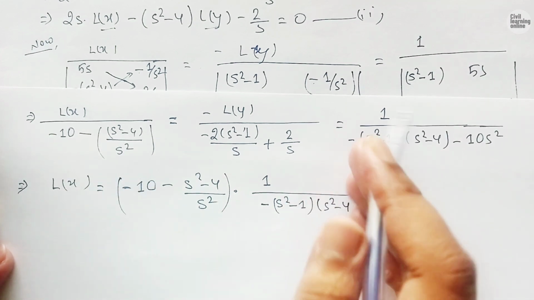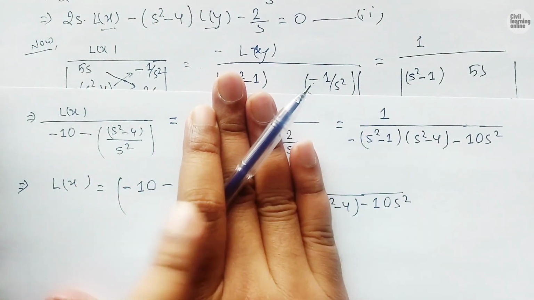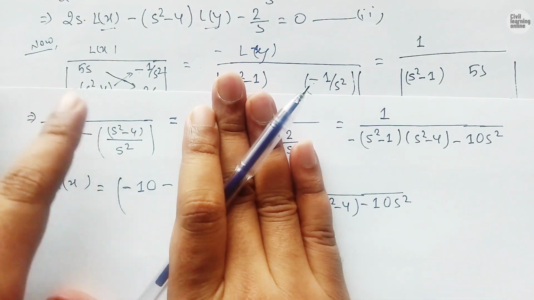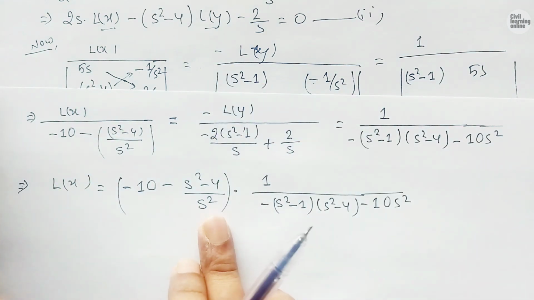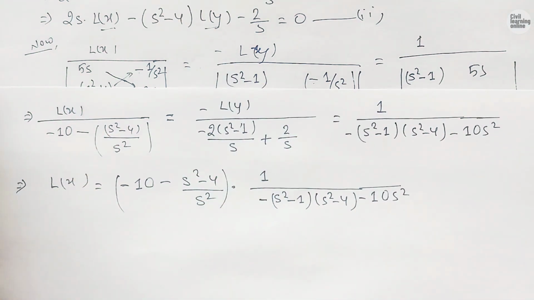I have done simply the cross multiplication, this and this, so I have simply brought it that side because it is in division, so it is now in multiplication.